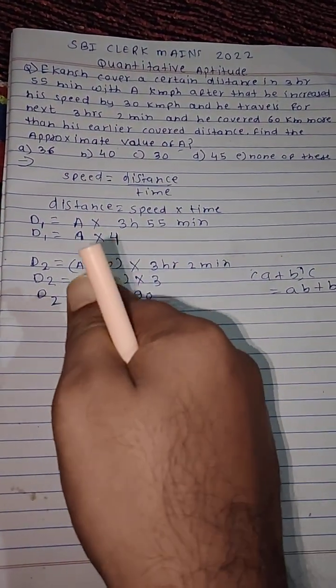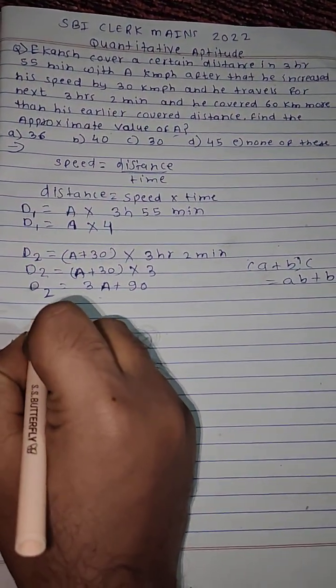They mentioned 60 kilometer more than earlier, which means the difference of D2 and D1 will be 60.